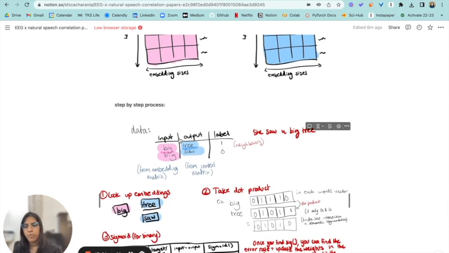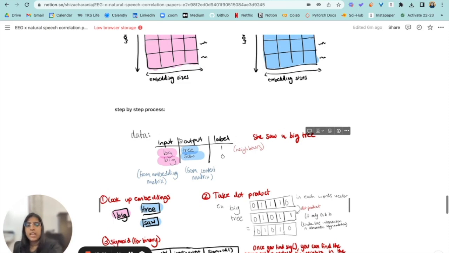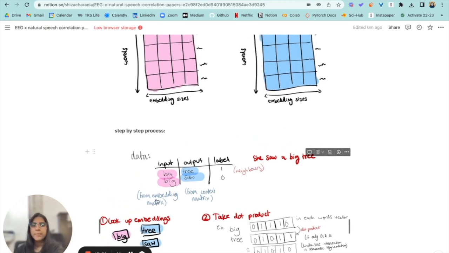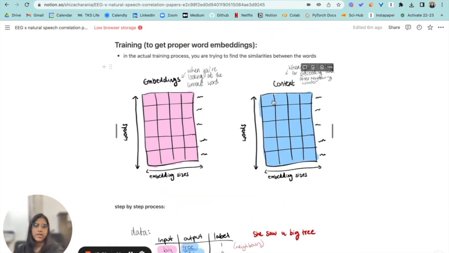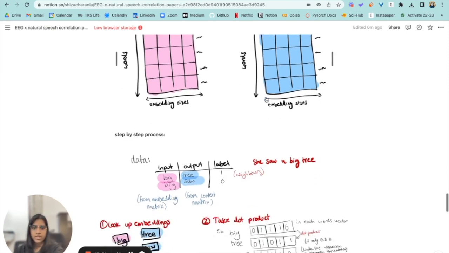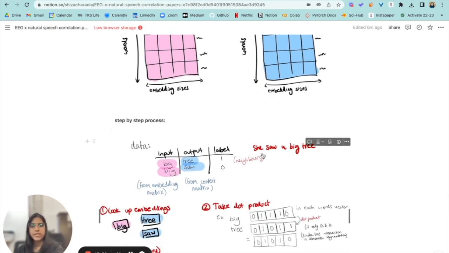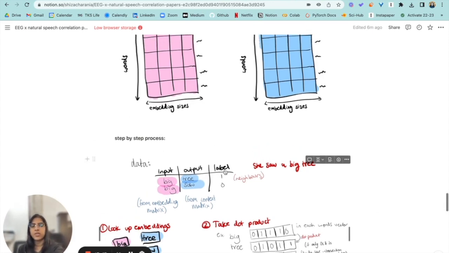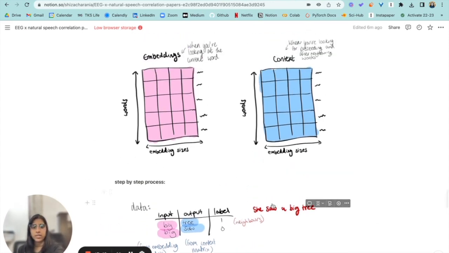So in the step-by-step process, you're basically formulating the input and the output. The input is from the embedding matrix over here, and the output is from the context here. So let's say the sentence this time is, she saw a big tree. The current word you're looking at is big, so you would say big and big. And then the output is different words that you have in the context, so the neighboring words.